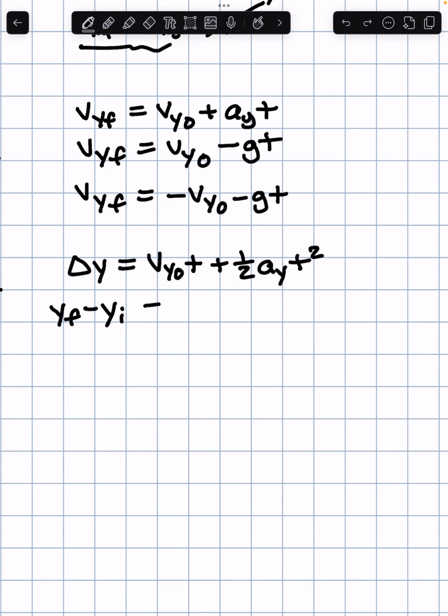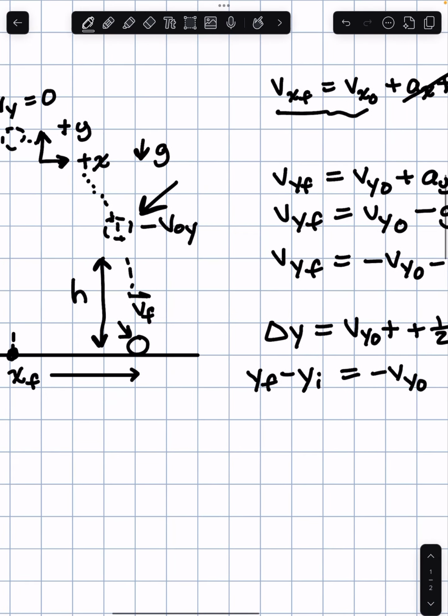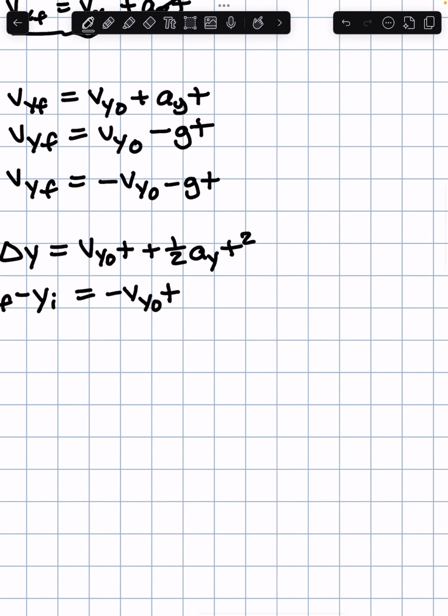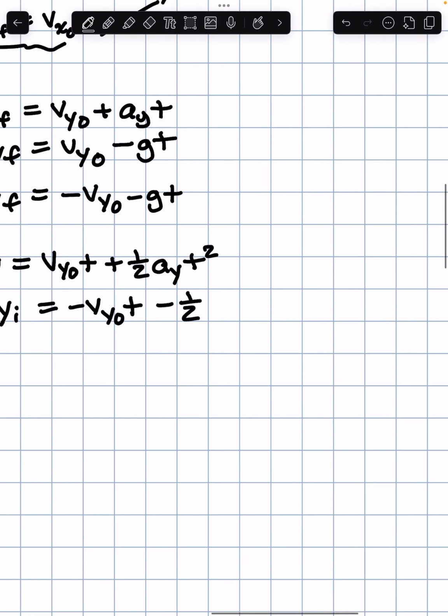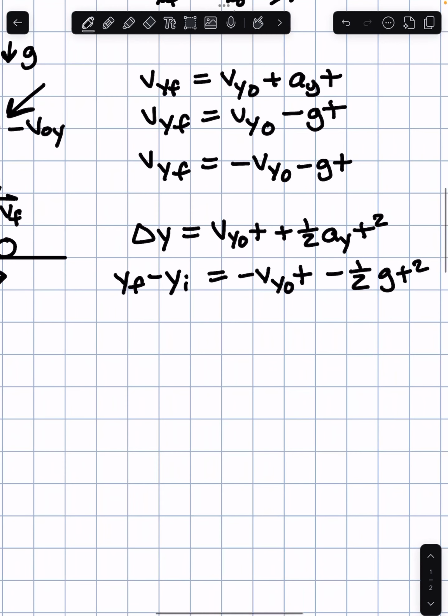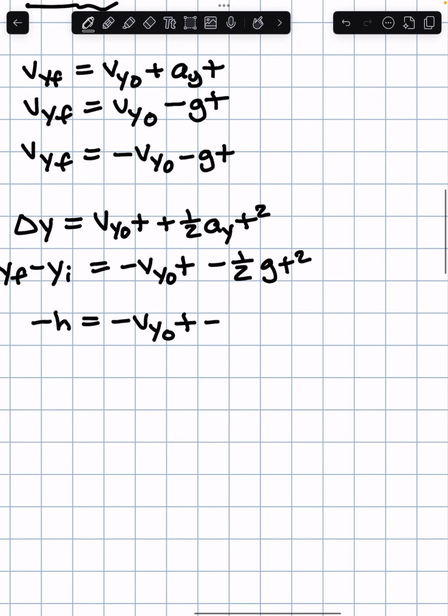Vy naught t is going to be negative vy naught t, because we're looking at it from this point, minus 1/2 gt squared. So we're going to have negative h equals negative vy naught t minus 1/2 gt squared.